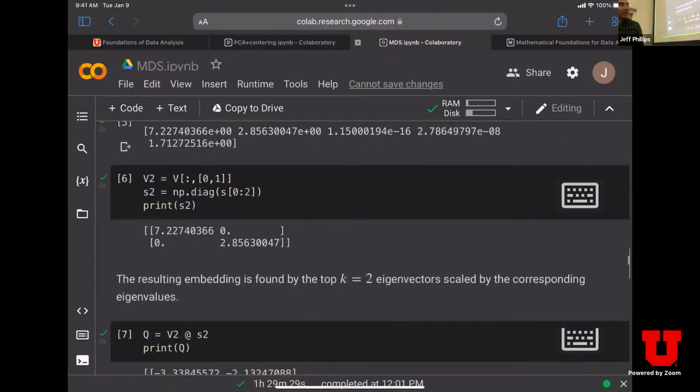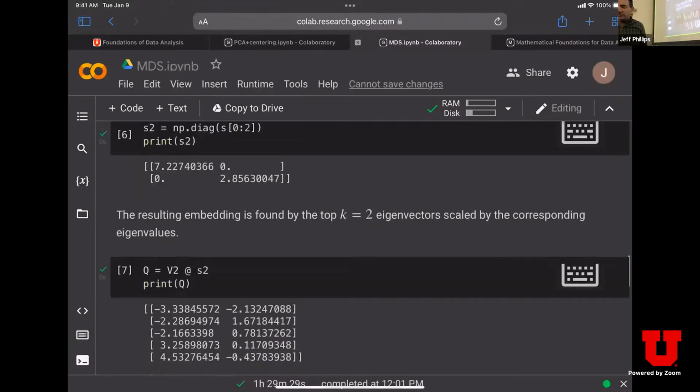Okay, and then I take the top two components, right? So I took V and I took the columns 0 and 1. So the first two columns starting at 0, and the first two elements of the diagonal matrix S, right? I printed S. The first ones are 7.2, 2.8. That's how much I'm scaling these by.